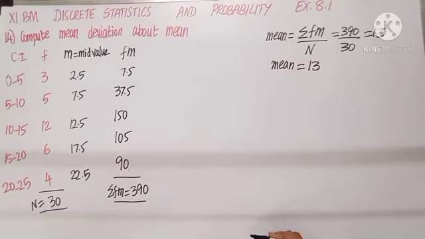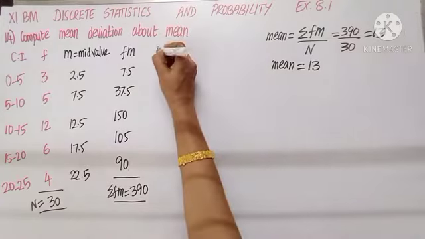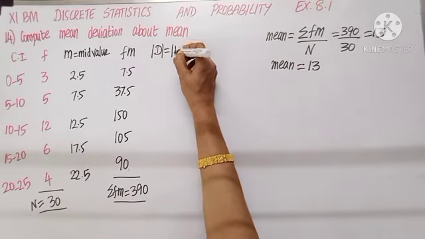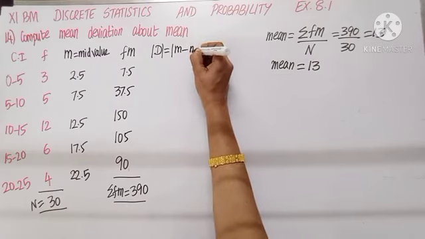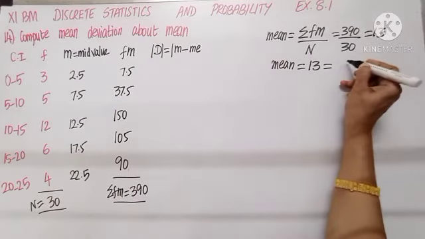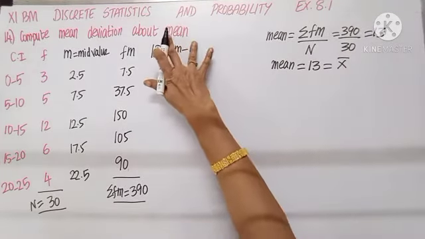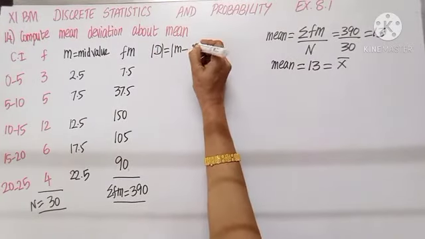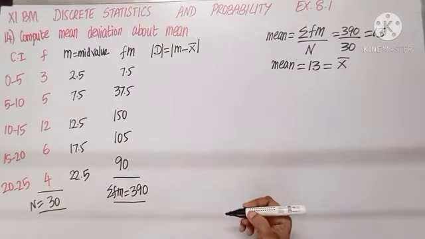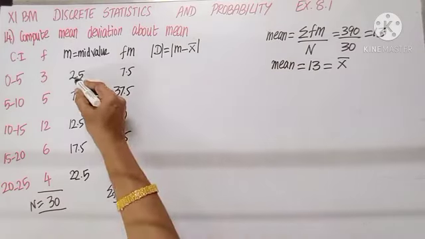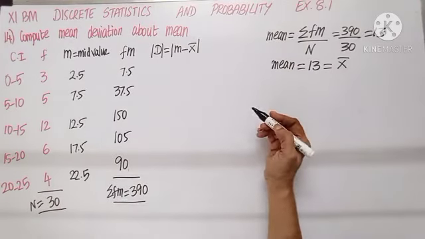To get mean deviation, find out the deviation modulus, that is m minus mean value, or mean value I call x bar. So I can write it is m minus x bar. 2.5 minus 13.